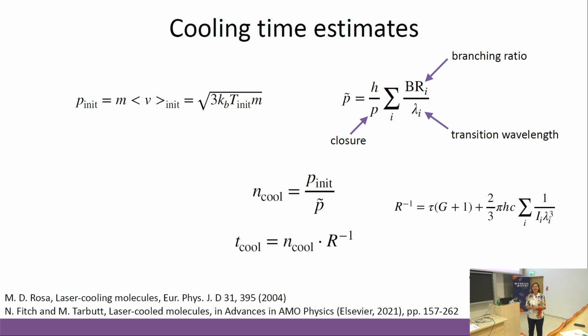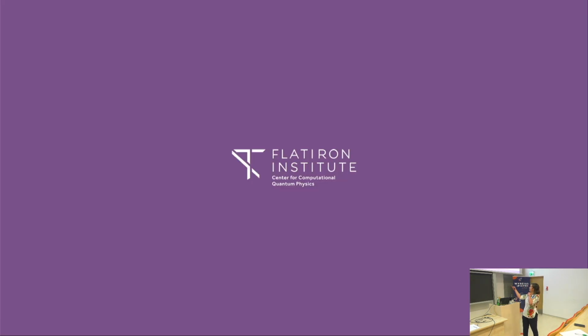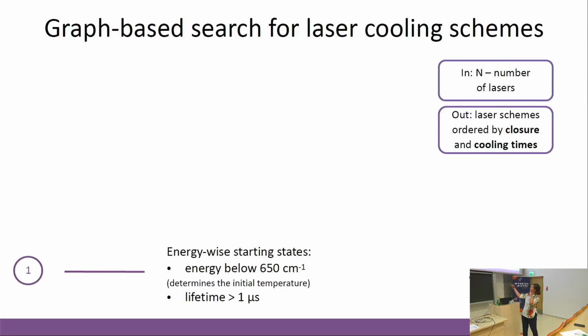What initial temperature are you using for the gas? Again, it's a crude approximation. We have a condition for the starting state, that it has to be below some energy, and then we transfer this energy to kelvins, and this is the temperature of the initial gas.